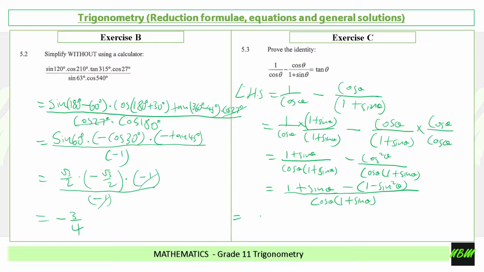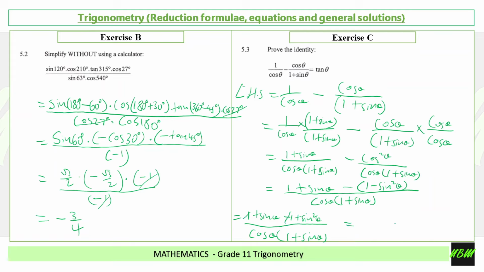Of which it will be equal to, now in the numerator we have 1 plus sine theta minus 1 plus sine squared theta, all divided by cos theta multiplied by 1 plus sine theta. Then in the numerator 1 minus 1 is 0.